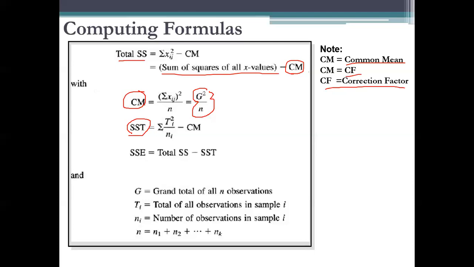And then what is SSE and how to get it? The total sum of squares minus the sum of squares for treatment.